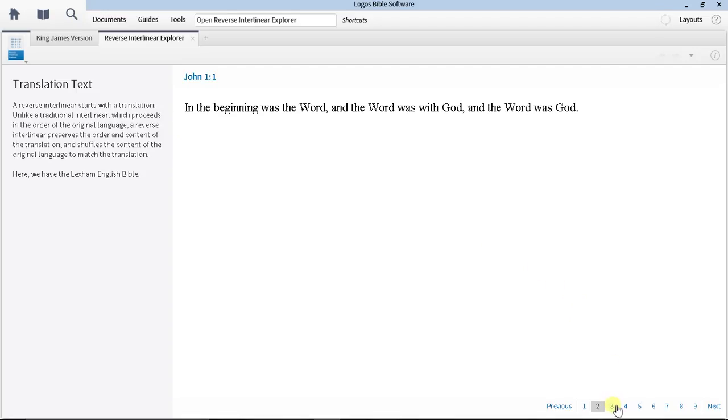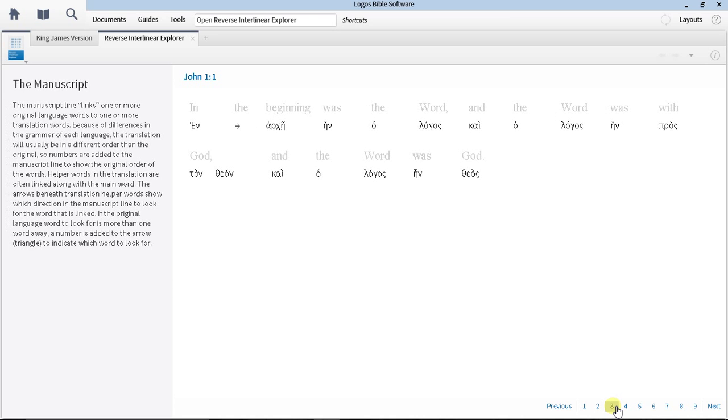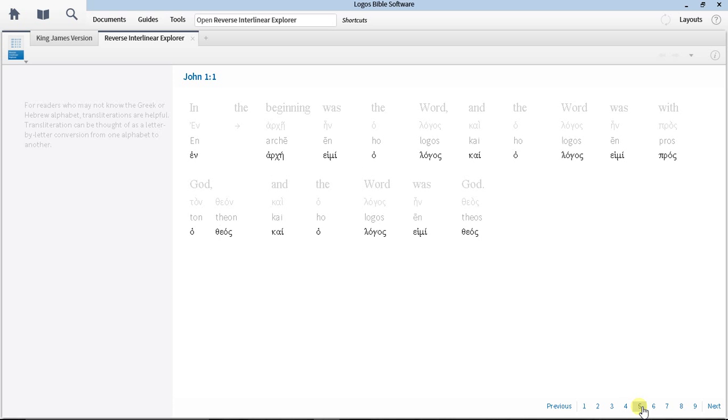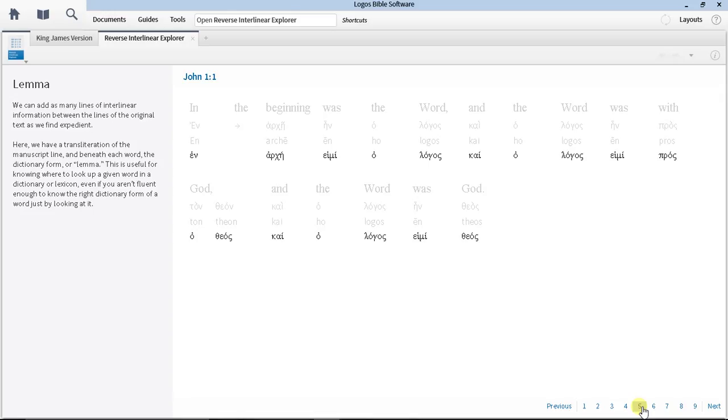So that was helpful to know, that a manuscript goes under the actual text, and you can have a transliteration of the text as well. That kind of is helpful for people who don't know Greek, such as myself at this point. And then you have a lemma, which is the dictionary form of the word.